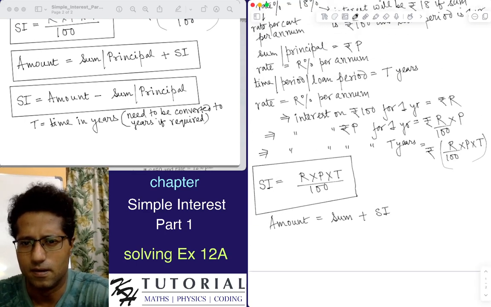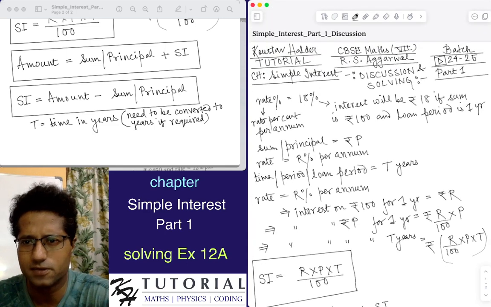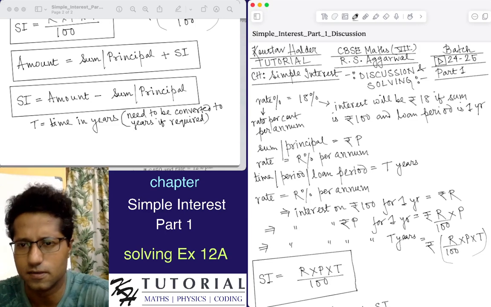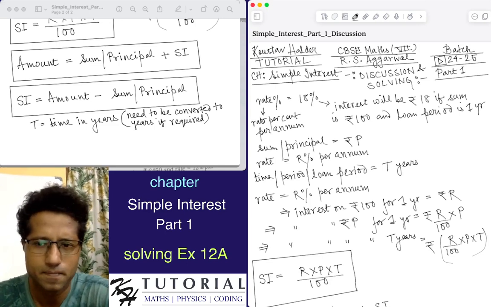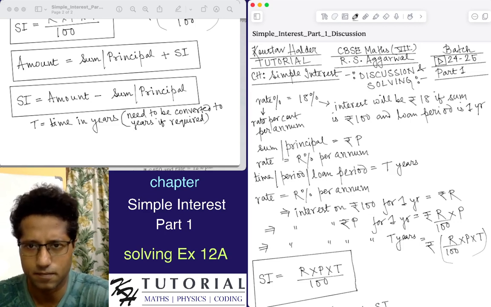There is nothing very complex in it. You just need to know few definitions and terms. What is sum? Principal, which is the initial amount that someone is borrowing from another person or a bank or an organization. The rate percent, that is important, rate percent per annum.